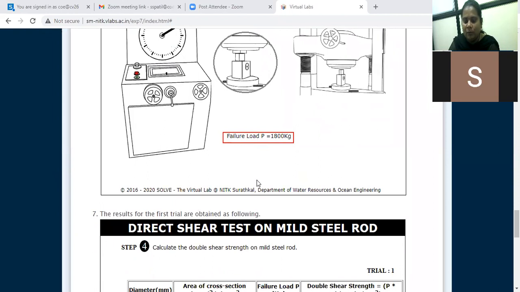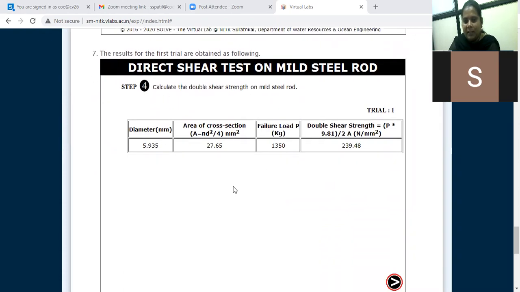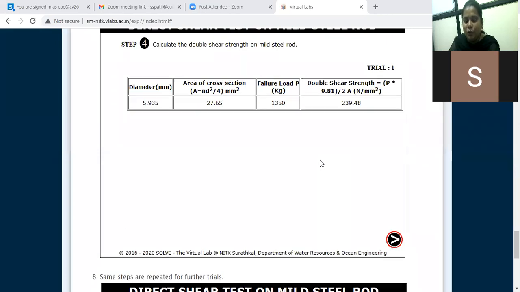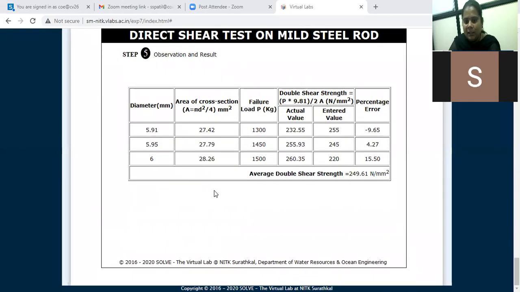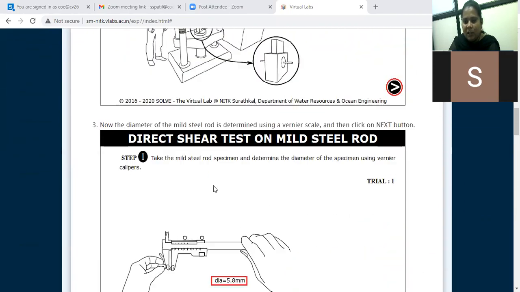You have to point out the failure load. And this is step 4: you have to find the double shear strength using the equation force divided by 2 times area. This is the observation table. So the procedure is simple.